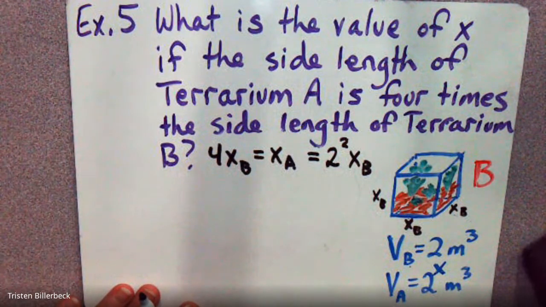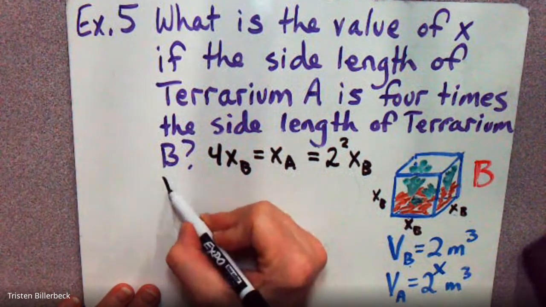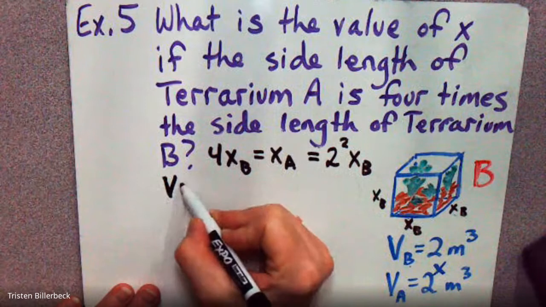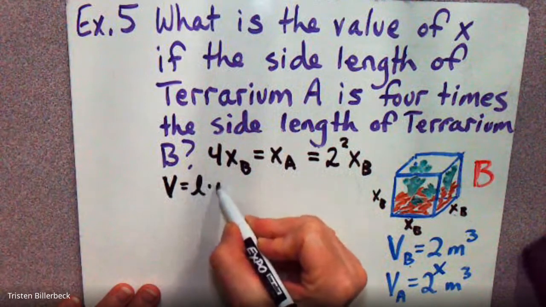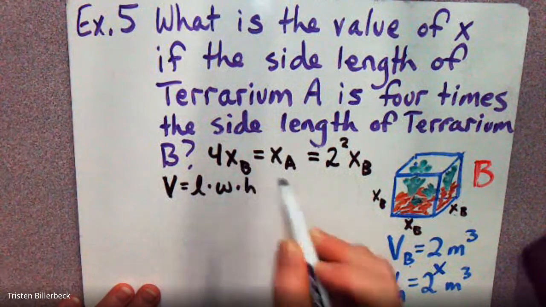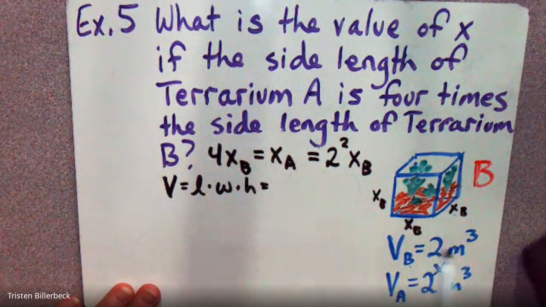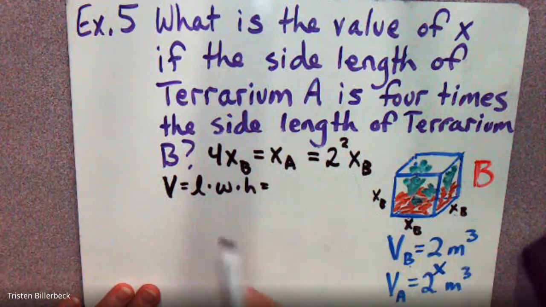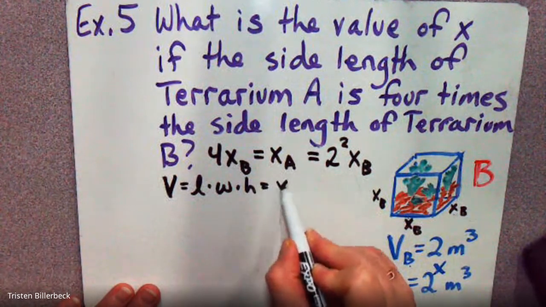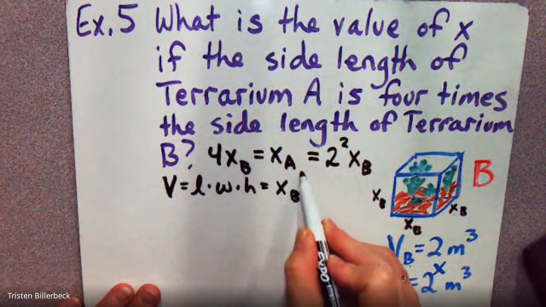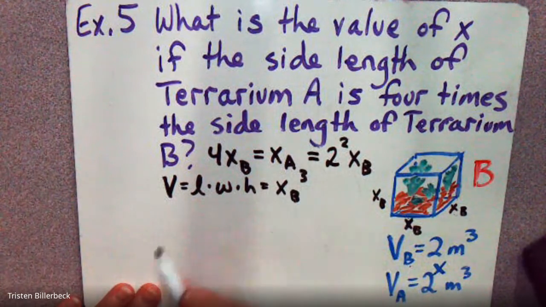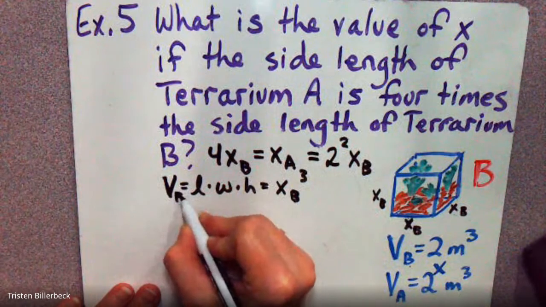All right, so volume, if you don't remember, for a cube is length times width times height. So in this case, our length, width, and height are all the same. So that's where we got x^b cubed. So this would be volume B.